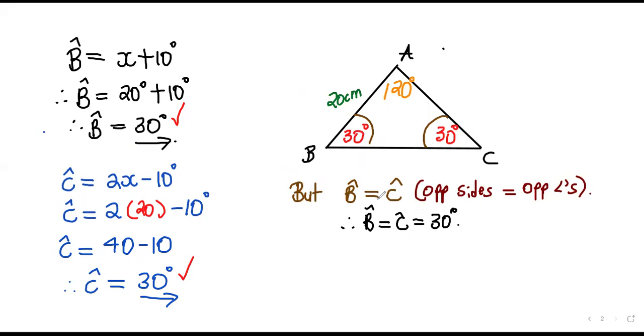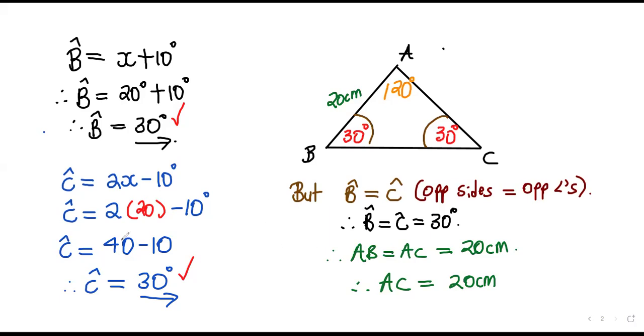Opposite sides equals opposite angles. And then what you can basically say here, you can conclude and say, therefore, AB, it's equals to AC, it's equals to 20 centimeters. And then since they want AC, you'll say, therefore, the length of AC is given as 20 centimeters. So that's how basically you can try to solve that, right?